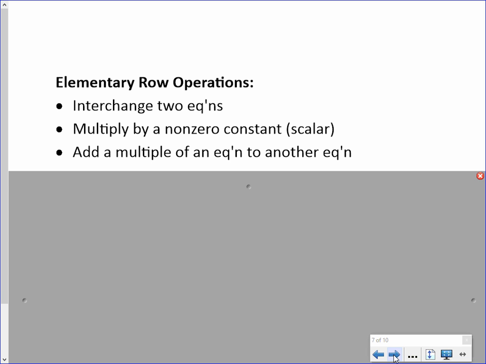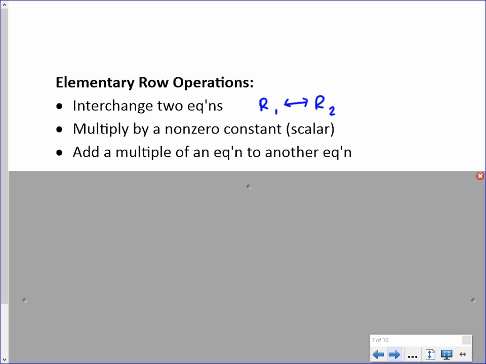Those things are going to come back to us in matrices. So an interchange of two equations, I could signal like this, R1 switch with R2. And I just have arrows going back and forth. So you're allowed to move rows up and down, switch the locations of the rows as you wish.